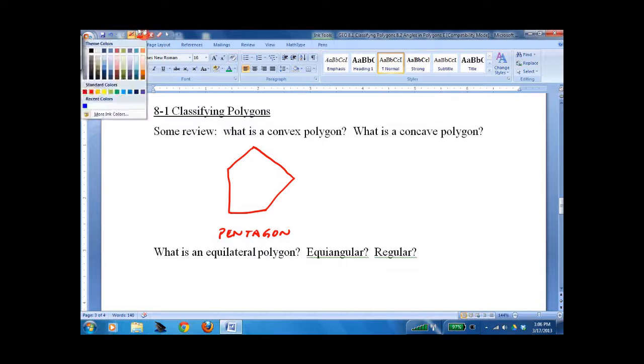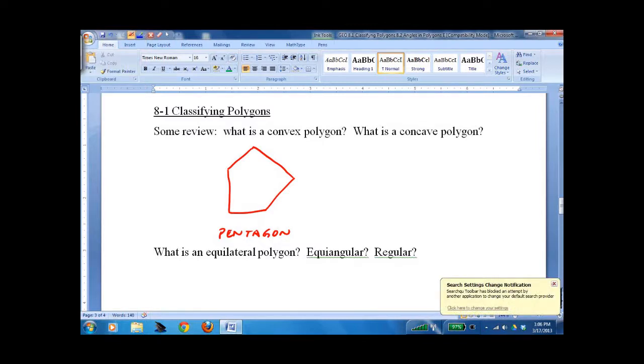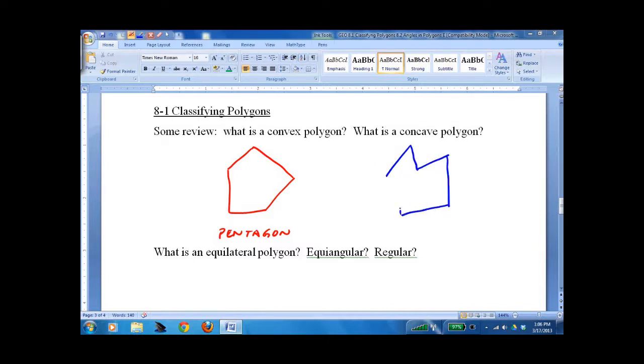And a concave polygon's got a dent in it, so I'll make a six-sided. It's a hexagon. And the little dent, the little mouth, a little cave is what makes it a concave polygon. The lack of that makes it a convex polygon.